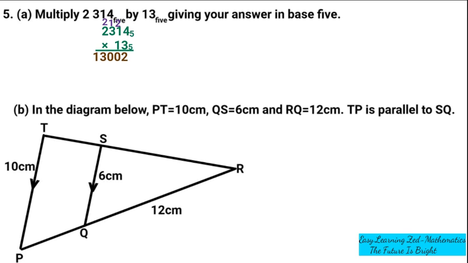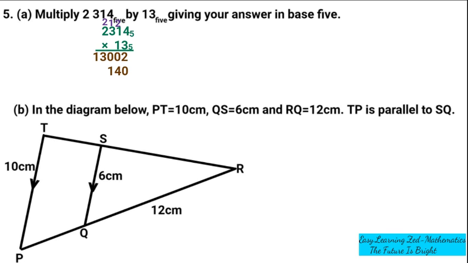There is no remainder, and no number will be bigger than 5. So to multiply by 1, first I'm going to put the 0, which is the place value here. Then 1 by 4 gives me 4, 1 by 1 gives me 1, 1 by 3 gives me 3, and 1 by 2 gives me 2.